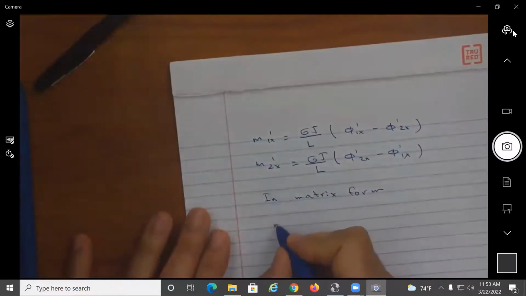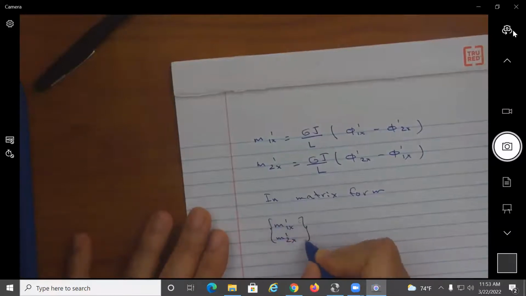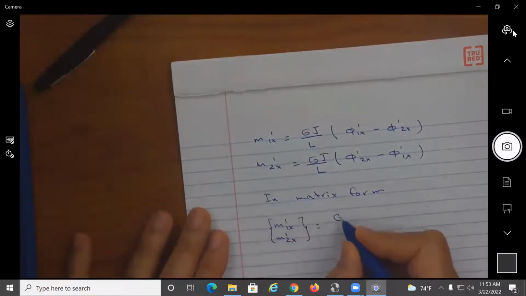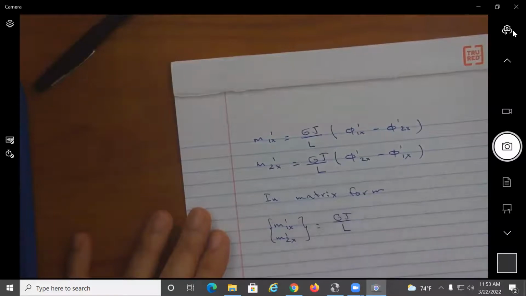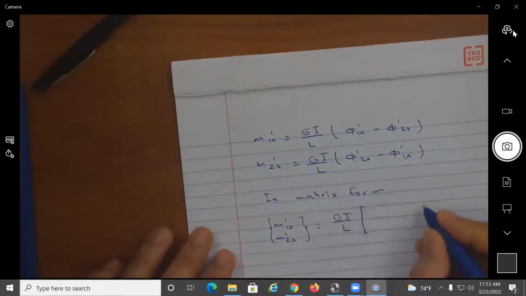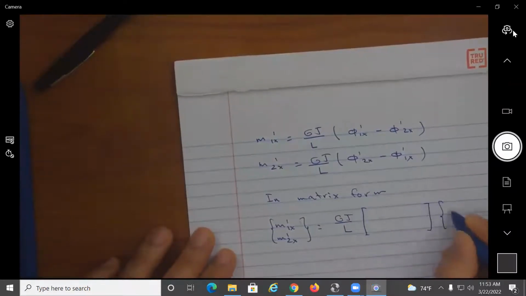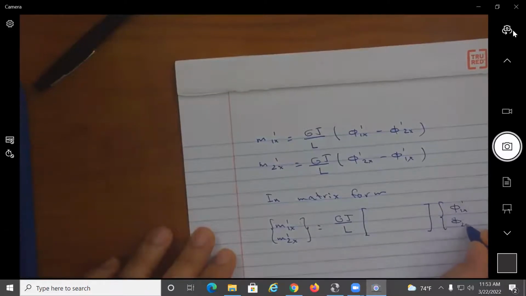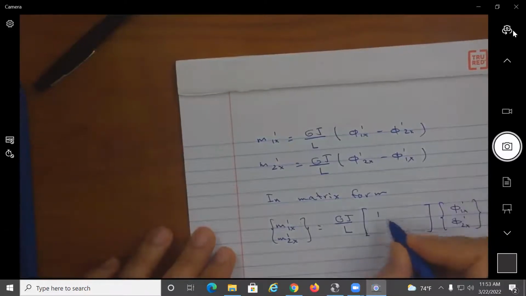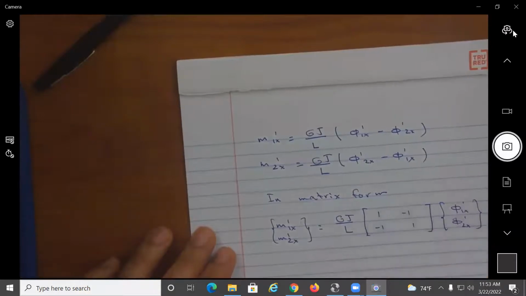If I put this in matrix form, we can write m1x prime, m2x prime is equal to GJ over L. Remember EA over L; here I got GJ over L multiplied by phi 1x prime, phi 2x prime, and here I have 1, minus 1, minus 1 and 1.